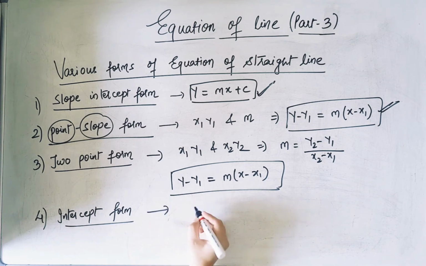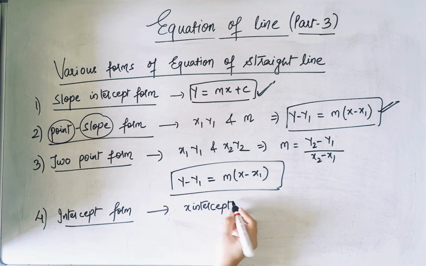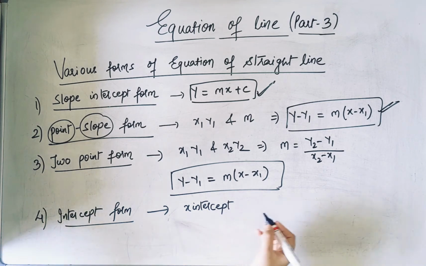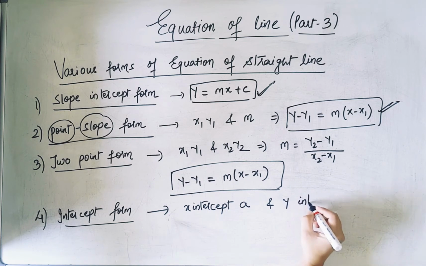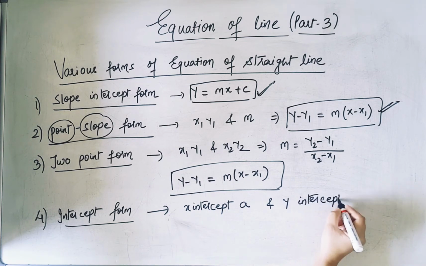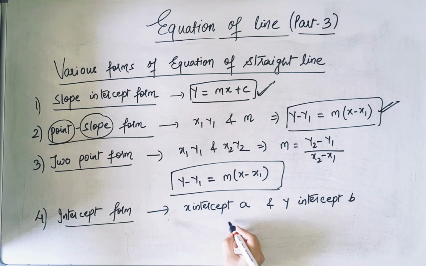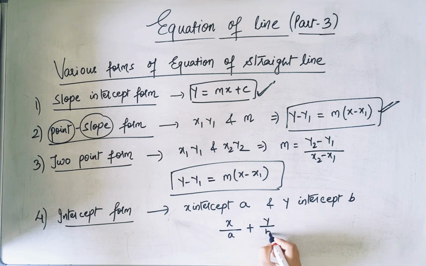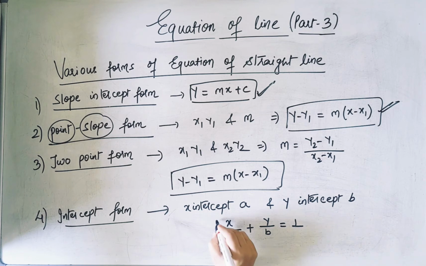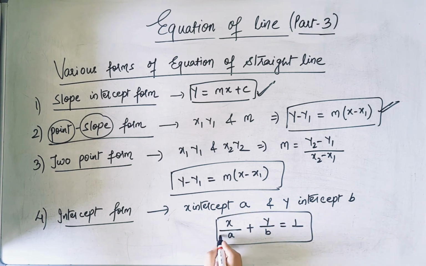Let's suppose they have given to us x-intercept and y-intercept. So here I'll assume x-intercept is a and y-intercept is b. So the equation will be x by a plus y by b equals 1. This is intercept form of equation.